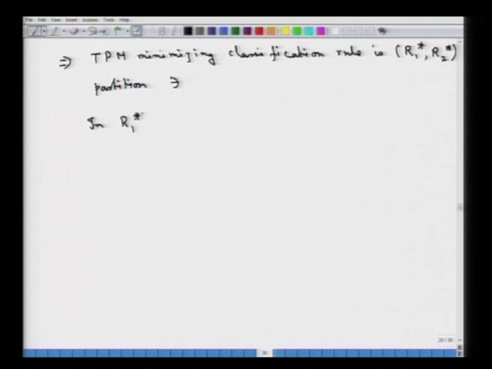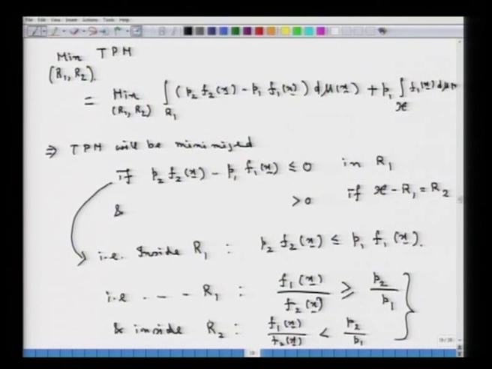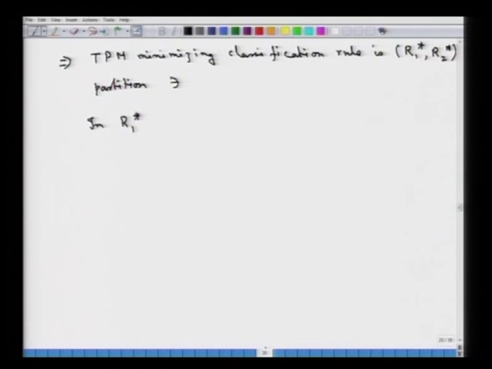So, I am just denoting this optimum partition R1 and R2 that we have derived by writing it as R1 star, R2 star, in order to show that it is that optimum partition, inside R1 star.